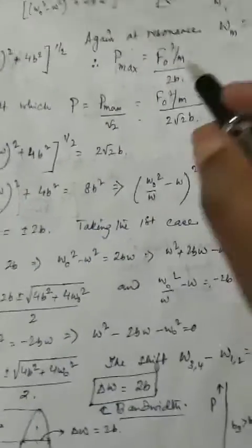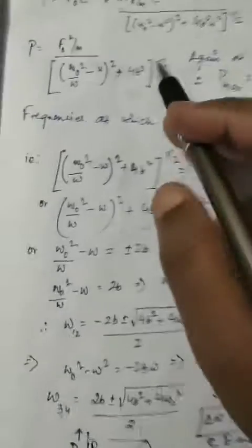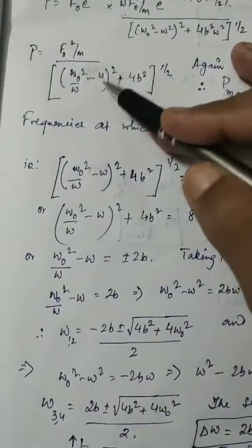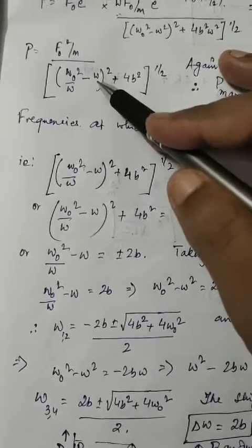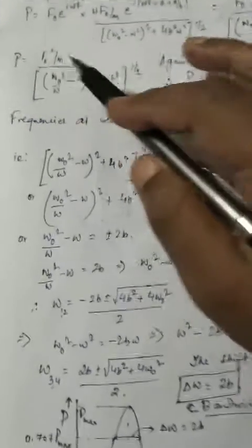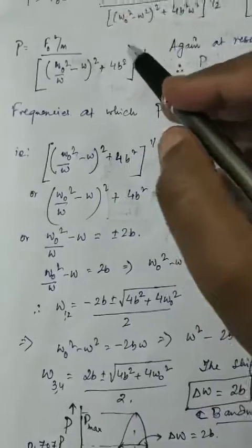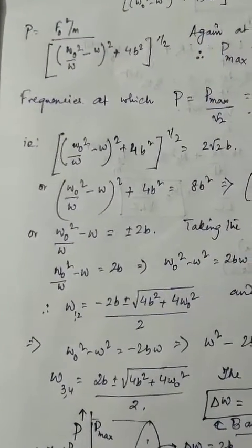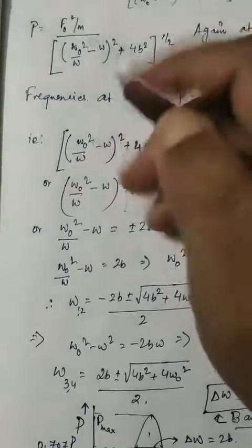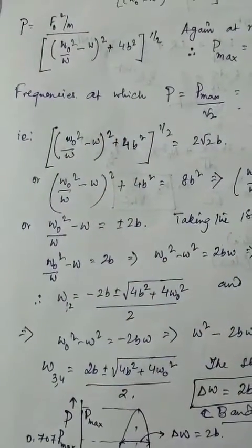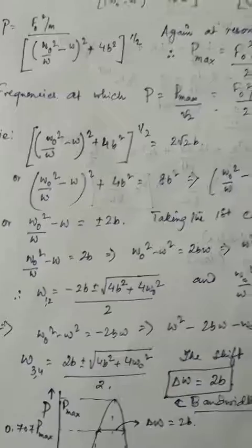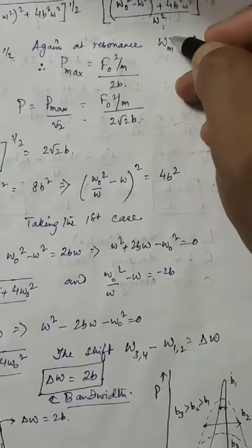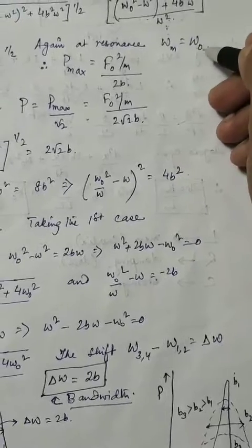Again I want to know, at resonance, power must be maximum. That is, at what applied frequency will the power be maximum? Now you remember the denominator is the same as that of the velocity term. So if you differentiate this and put it equal to 0, you'll get the same value. For velocity resonance, the frequency at which velocity was maximum was the natural frequency.